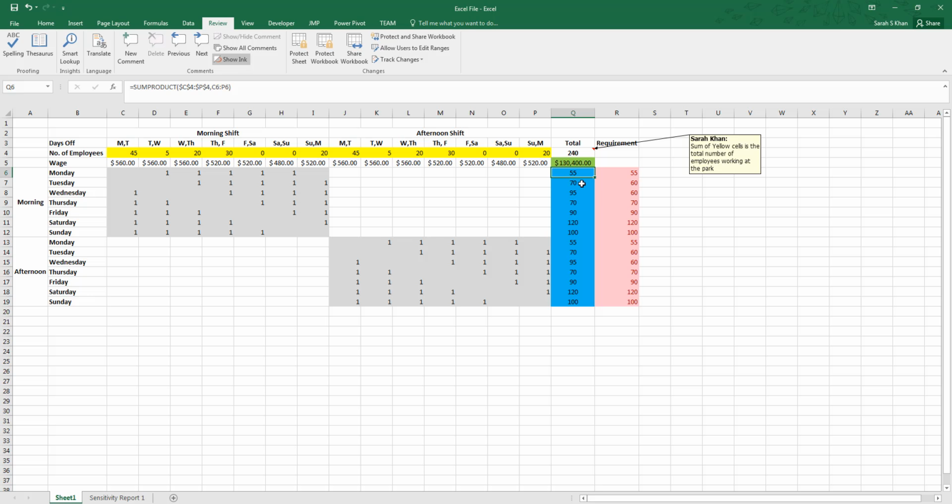For example, Tuesday is one of those days, and Wednesday is one of those days, in the morning shift as well as in the afternoon shift. So we have more human resource than we require, and that can be helpful in determining which days are going to be better for scheduling additional events without incurring additional costs. And that would be Tuesdays and Wednesdays.